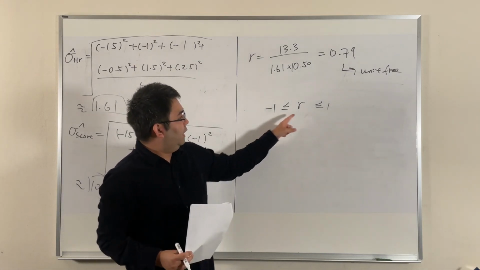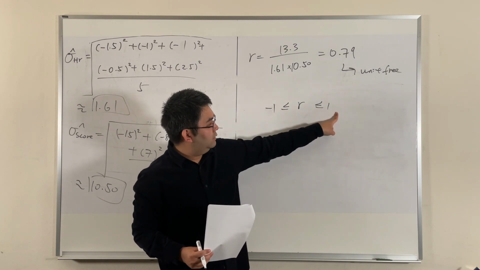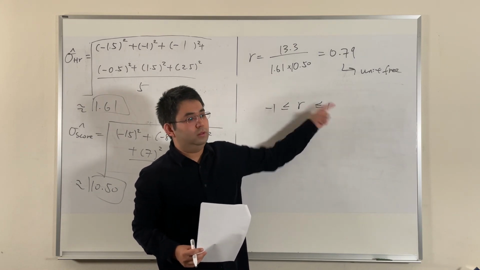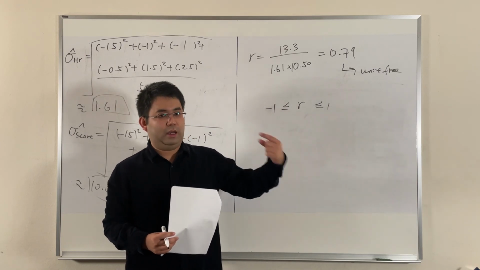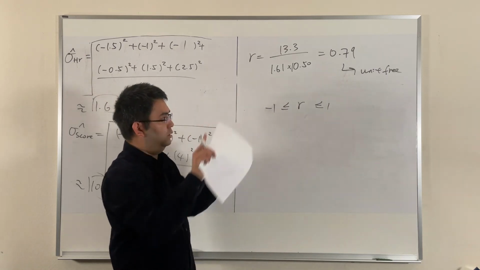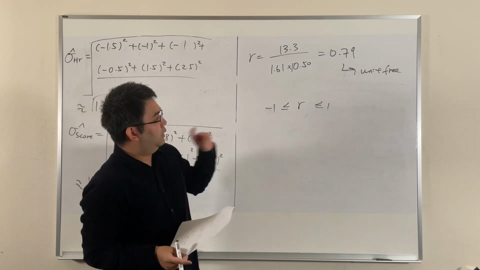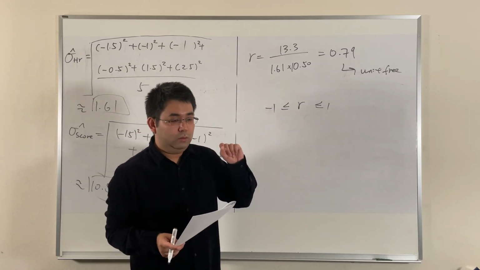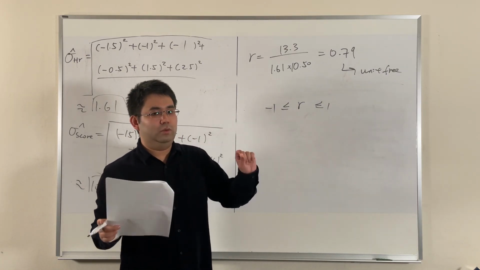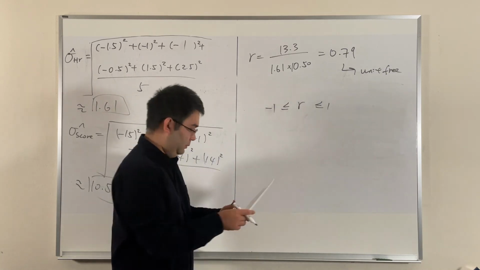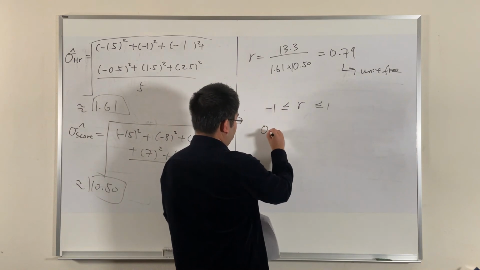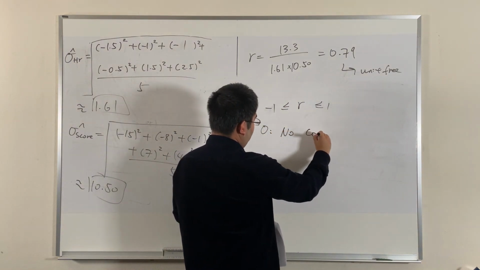If R is exactly 1, the two are 100% perfectly positively correlated, so they go up together. But if R is 0, the two variables are not correlated at all. So 0 means no correlation.